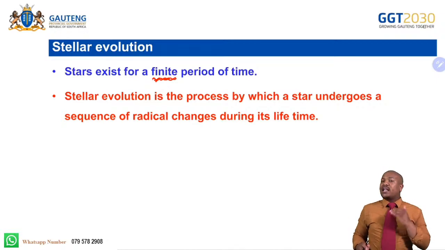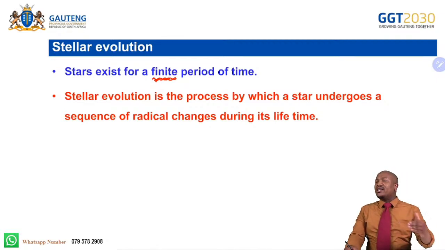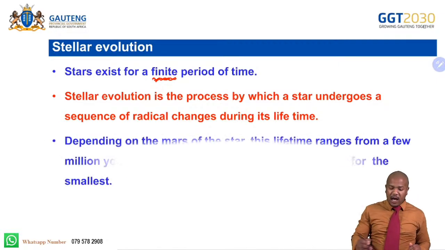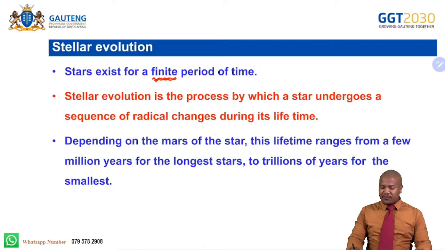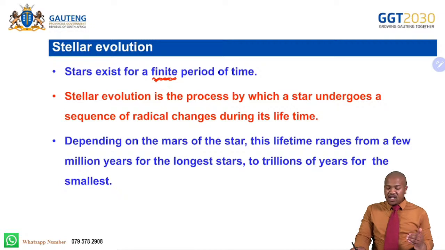Depending on the mass of the star, this lifetime ranges from a million years for the longest stars and also to trillions of years for the smallest stars.